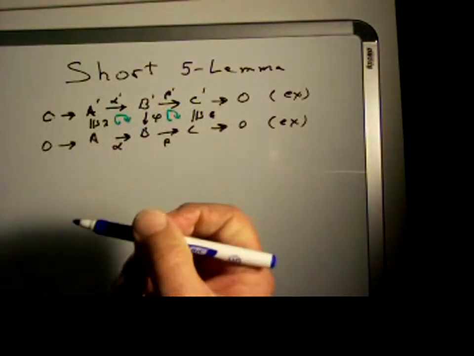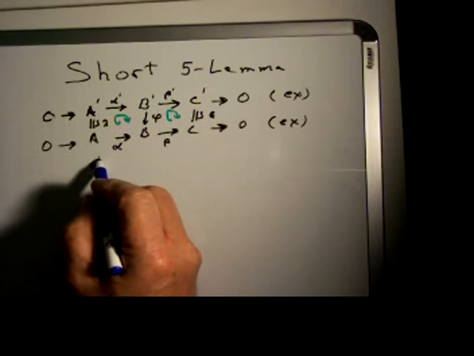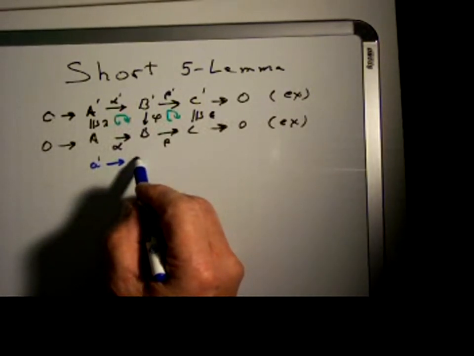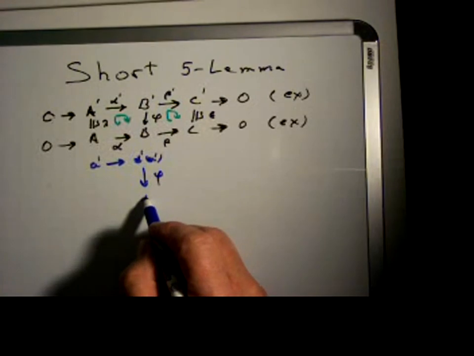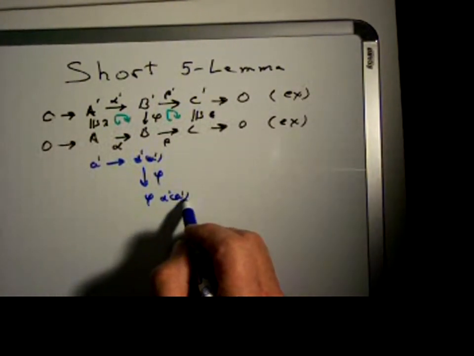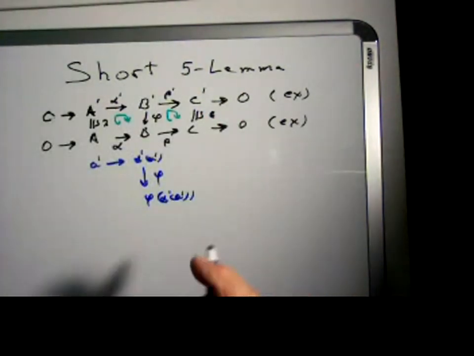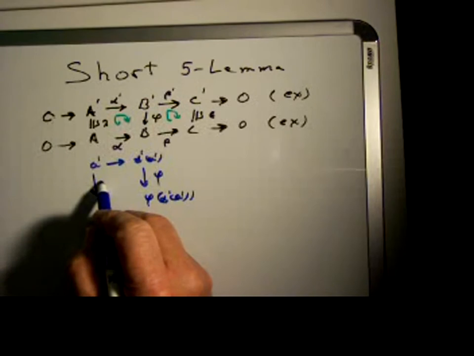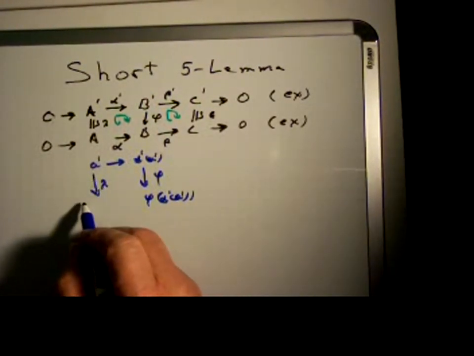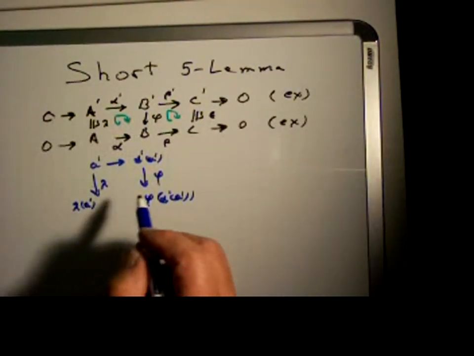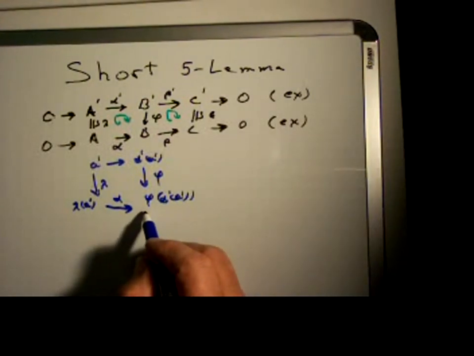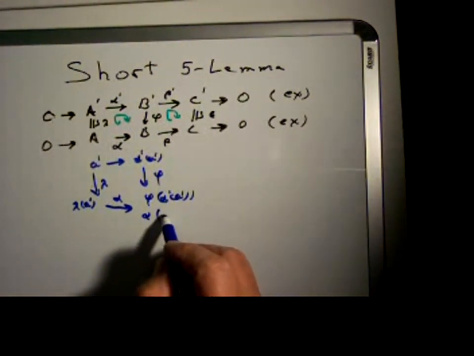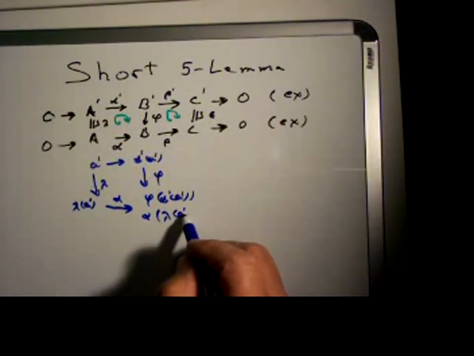And what that means is that if I take something in A prime, and I go over here to alpha prime of A prime, and then I come down by my little phi here, I have phi of alpha prime of A prime, which is sitting in B. Or I can go down like this by my isomorphism lambda, have lambda of A prime, and this goes on over by alpha to alpha applied to lambda of A prime.